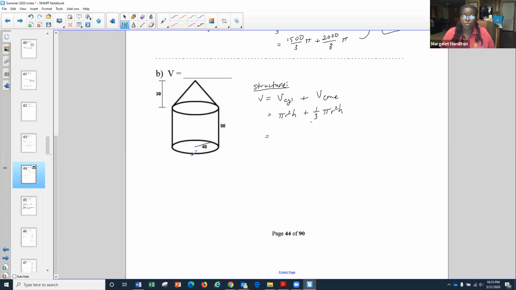Making sure you're paying attention, you're plugging the right stuff into the right formula. So for our cylinder, all right, so we have pi. We need the radius. The radius is 40. But then we have to square it. And then our height, 50.